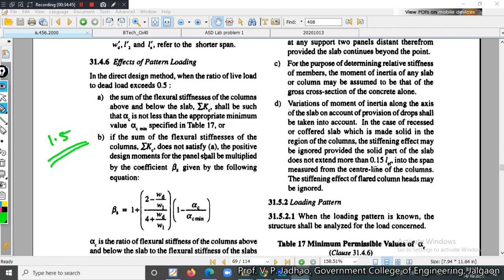Now this overstressing problem is solved by what we will be doing.